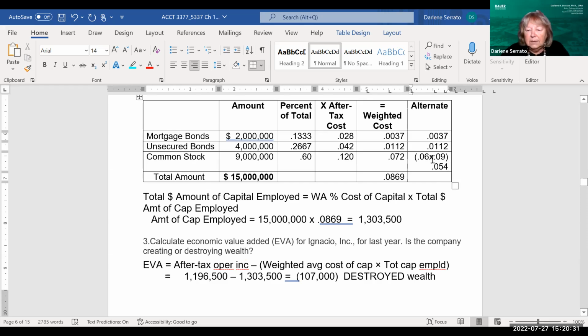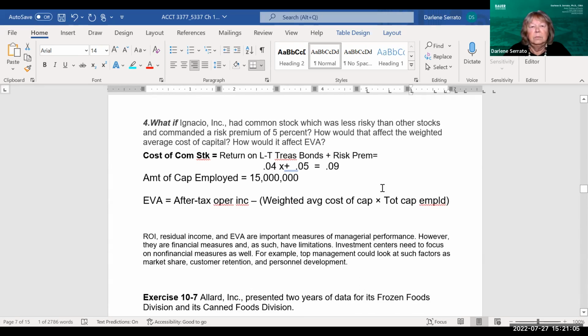So if you add 0.0037 plus 0.0112 plus 0.054, note it went down because the 5% went down. This ends up being 0.0689. So we're just transposing two numbers. So we're going to go down here.